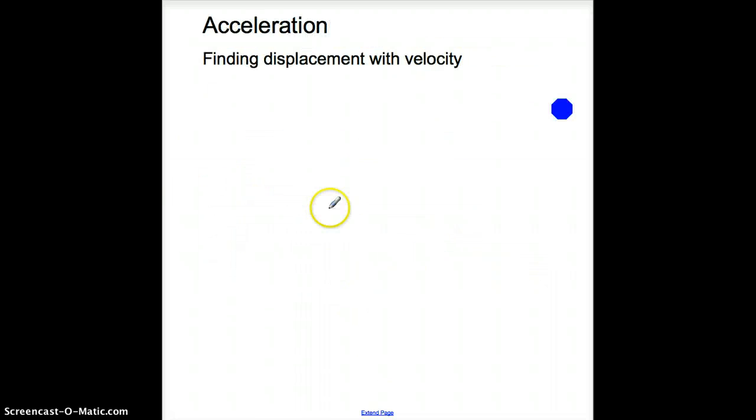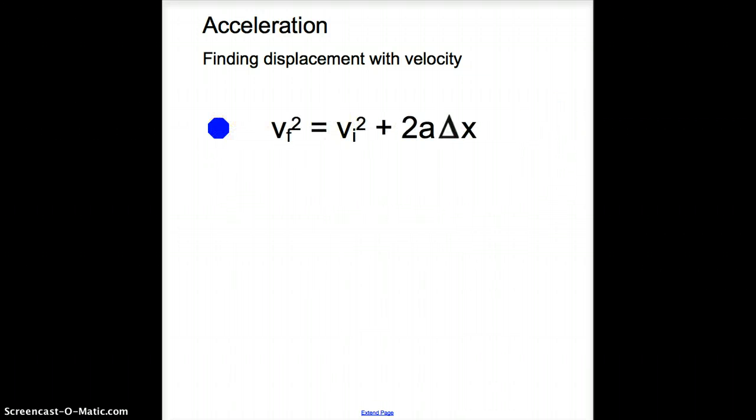Let's do another one. How do I find acceleration when I'm using displacement? Well, if I'm using displacement, I have a different formula. I have final velocity squared is equal to initial velocity squared plus 2 times the acceleration, there's that delta again, times my change in x.